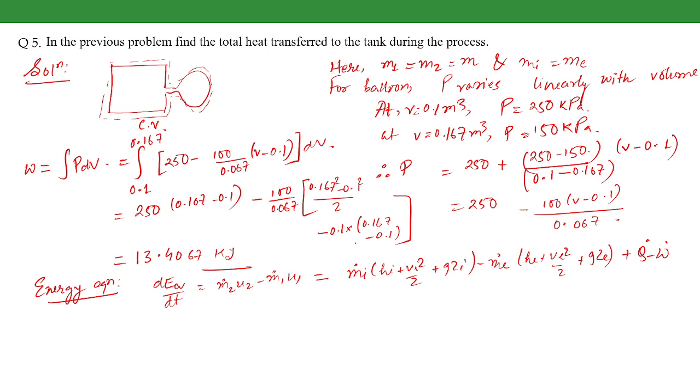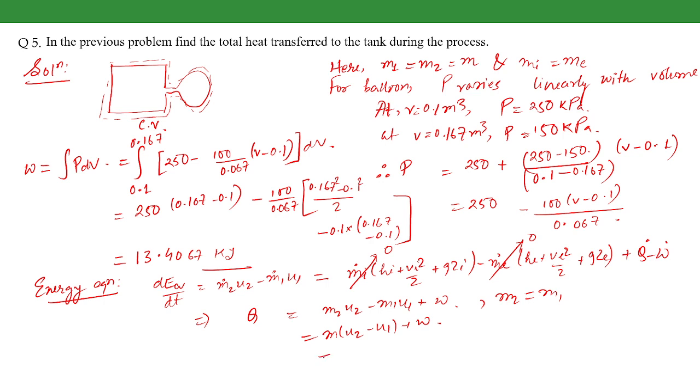There is no inlet or exit here in the control volume, so we get that q equals m2u2 minus m1u1, and since m2 is equal to m1, this can be written as m times u2 minus u1, plus w.